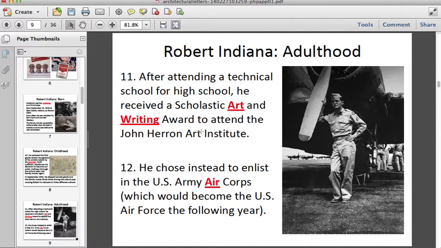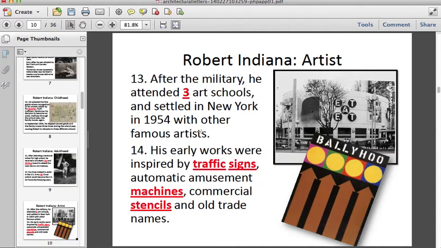After high school, he received a Scholastic Writing Award for his art, and he enlisted in the Air Force. After leaving the military, he also enrolled in art schools.